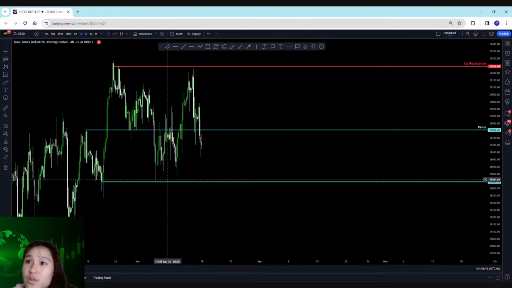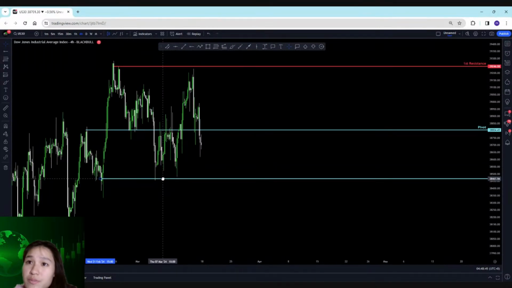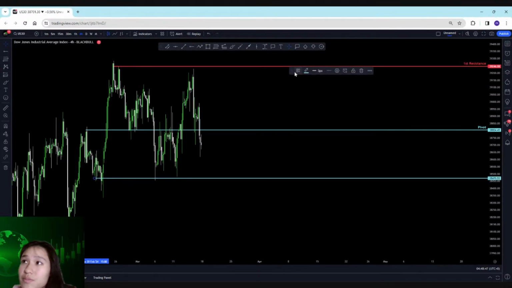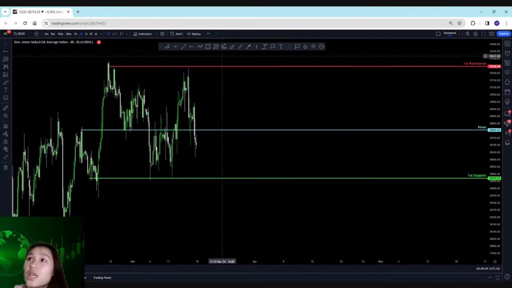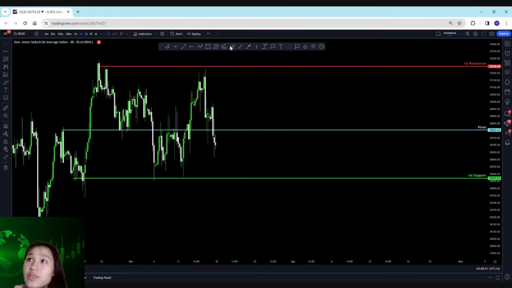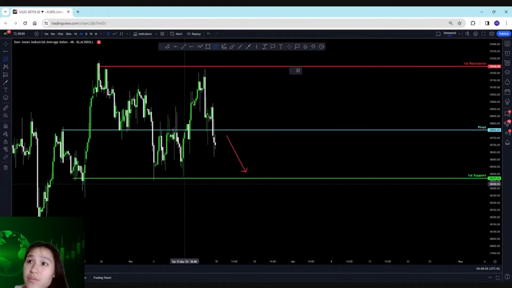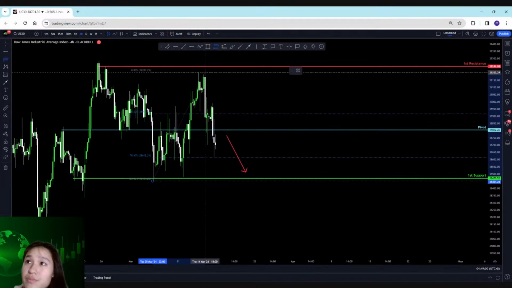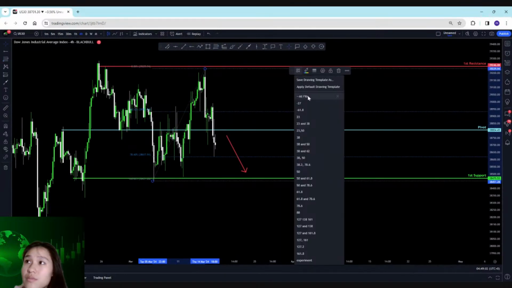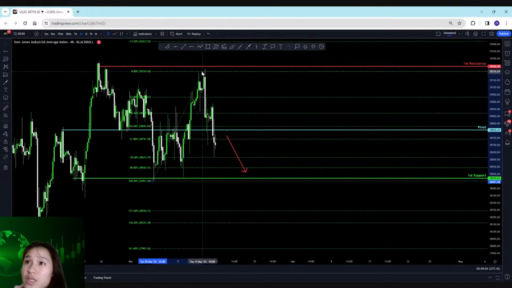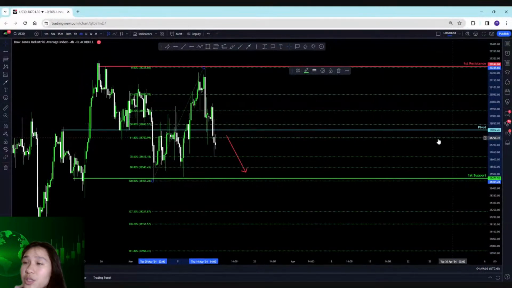Yeah, so this is my first support. Now going in with Fibonacci levels again, we're expecting it to continue to drop to our first support. You can see that our 50% lines up with the pivot.